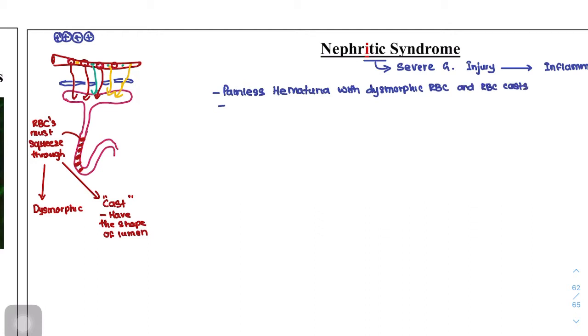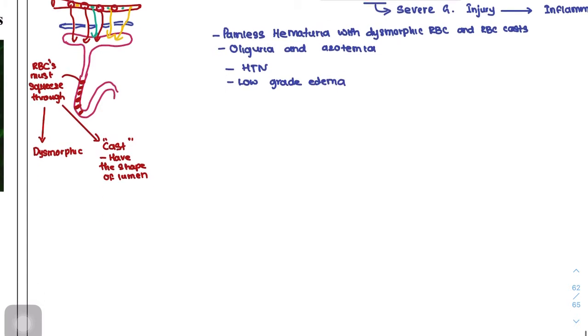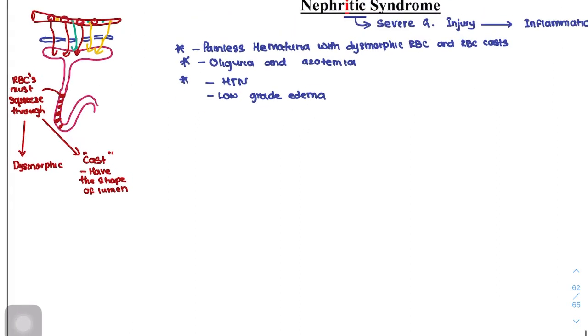I explained how that happens. Next, we have oliguria and azotemia. Next, we have hypertension and low-grade edema. What is most important here are these. Remember, in this situation, you get hypertension.